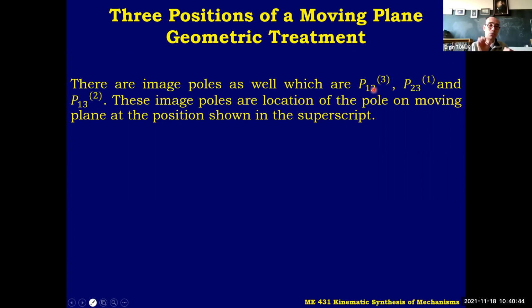And if you mark it on the moving plane in position 3, that's its location. That's why it's called an image pole. And actually, we will see why it's called image in a moment, okay? Is this clear for this one? Any doubt? Any questions?